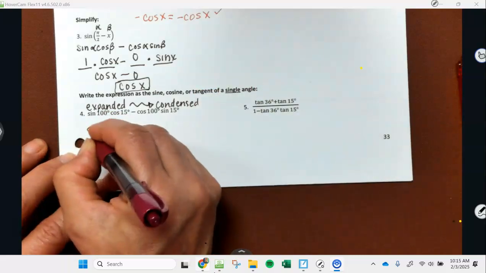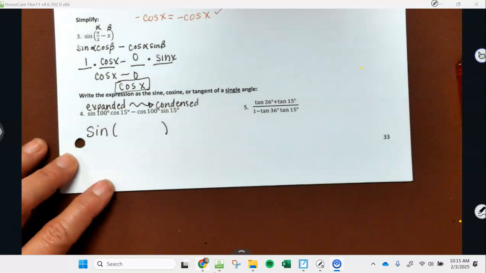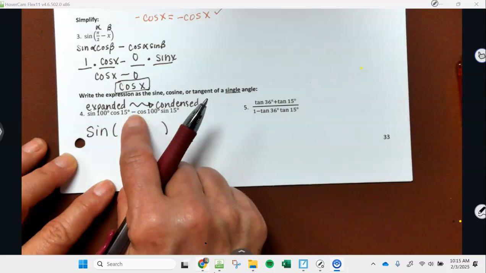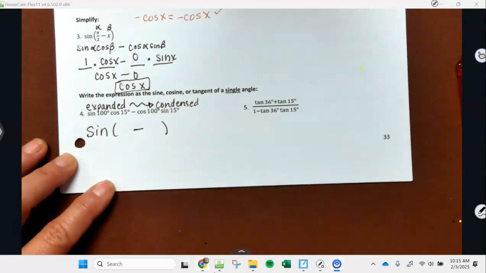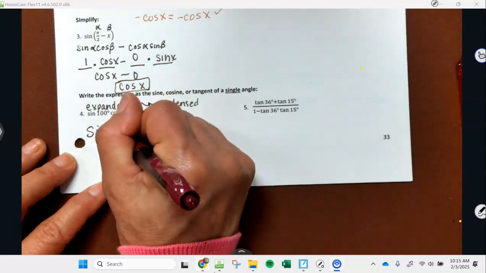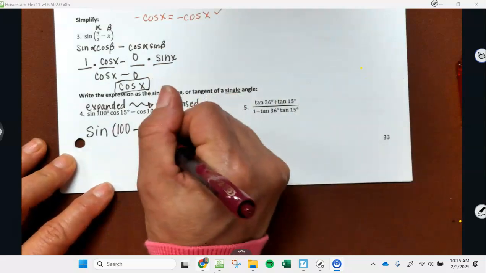It starts with sine, so I know it's going to be a sine identity. Remember, the sine value is going to be a difference identity because it has a minus sign. Alpha is the first angle given, so it's going to be 100, minus beta, the second angle given, which is 15.